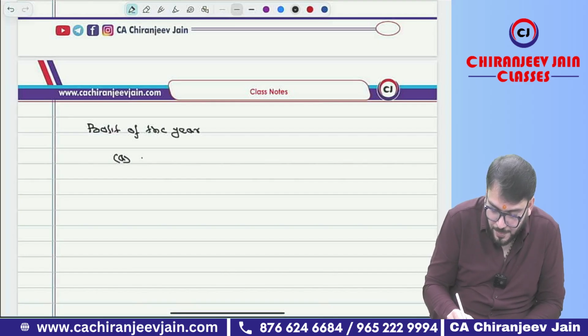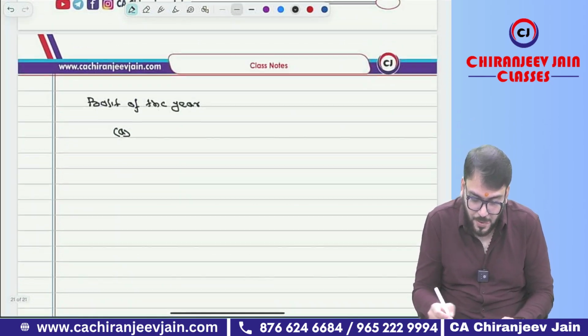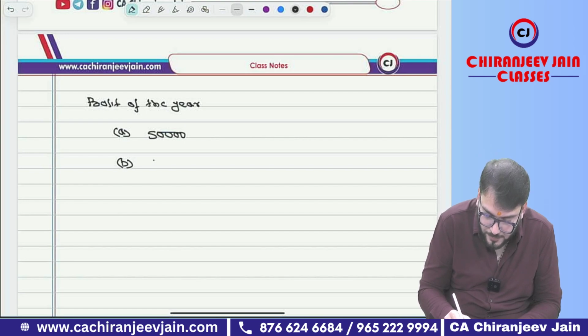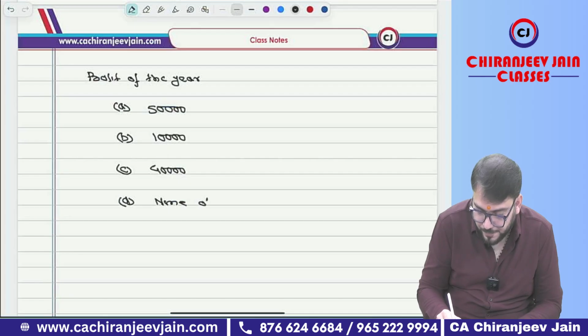First option, profit for the year is 50,000. Second option, 10,000. Third option, 40,000. And fourth option, none of the above.